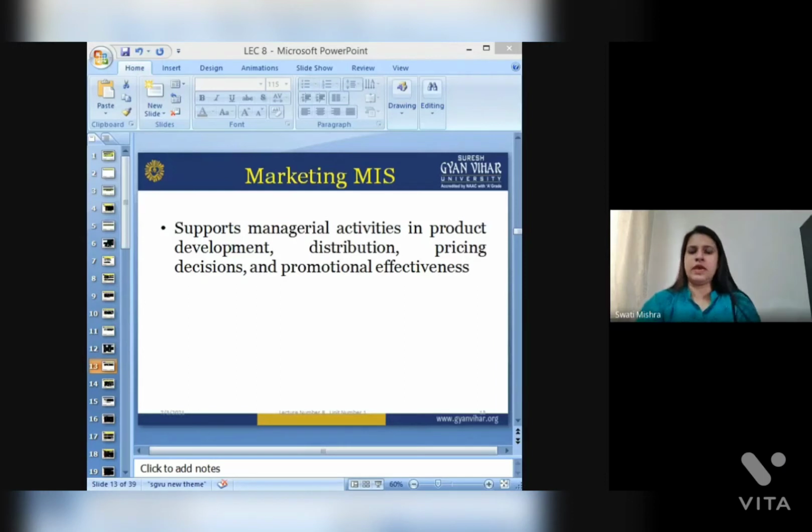As we move ahead, we will be discussing a lot about marketing information systems. But for now, you have to understand that with the increasing use of computers, companies are becoming more interested in the development of a corporate-wide integrated management information system.